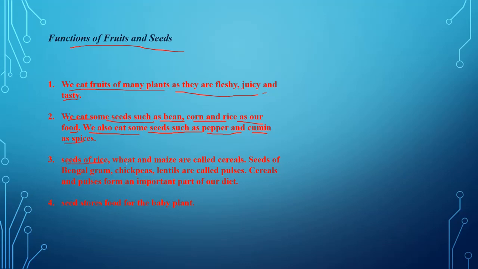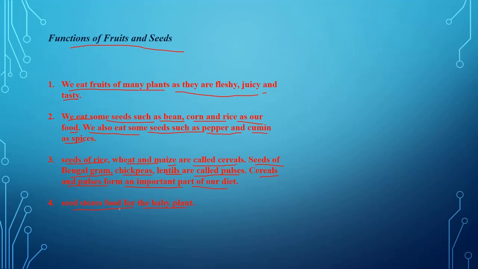Seeds of rice, wheat and maize are called cereals. Seeds of Bengal gram, chickpeas and lentils are called pulses. Cereals and pulses form an important part of our diet. Seeds store food for the baby plant, not only stems and roots.